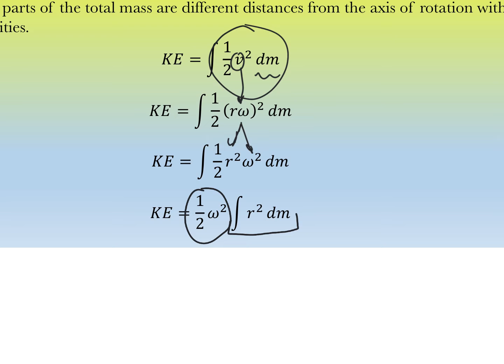So this gives us kinetic energy. But think about the formula for kinetic energy, which is normally 1/2 mv squared. Well, now our omega has taken the role of that velocity in a rotational context, and the 1/2 is already there, which means this integral of r squared dm is taking the role of the mass.